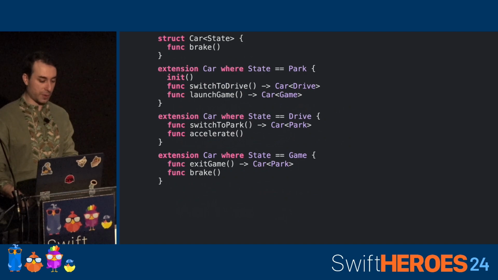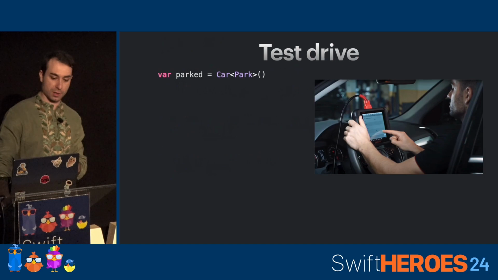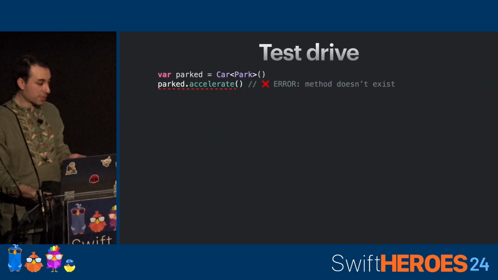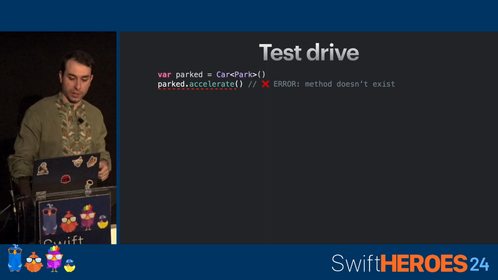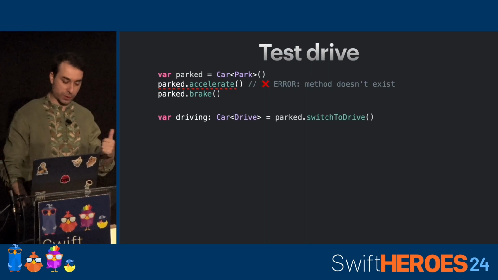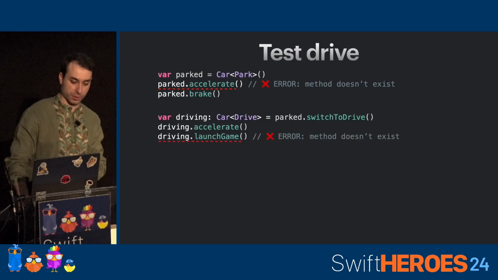So this is our final API. Let's take another test drive. So we start in a parked car. This is the only way we can start. If I try to accelerate here, cool, I get the compilation error. I can't even accelerate, no such function. I can brake. Now I can switch to drive, which gives me the new variable, and I can accelerate now, so that's good.